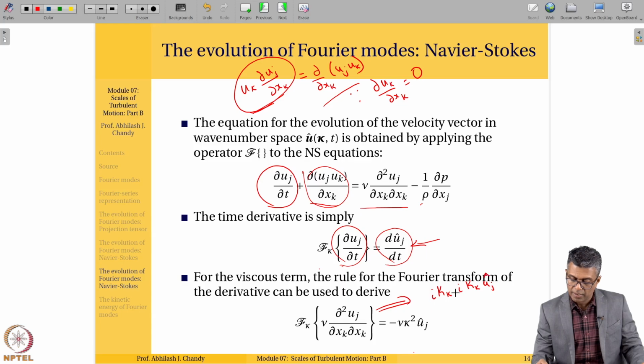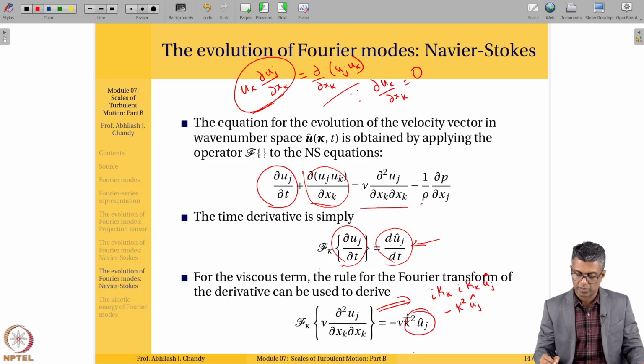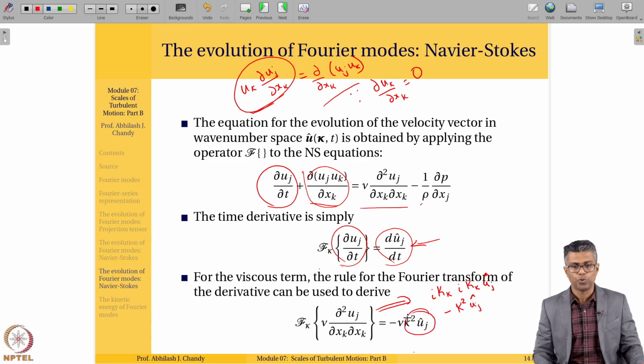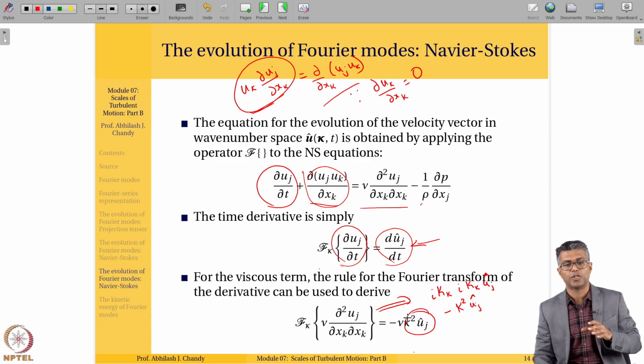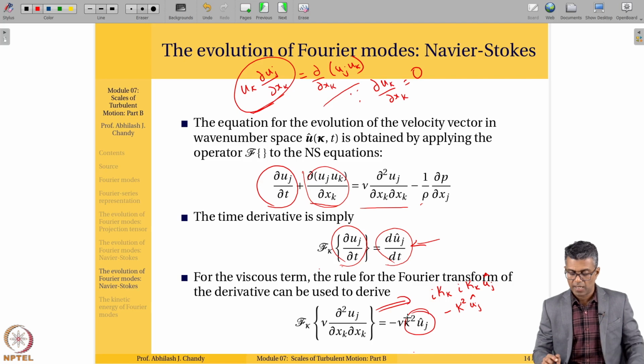So I times I is I squared, minus 1, and then I have kappa k squared, which is the kappa magnitude squared, times uj hat. And then I have the nu in there for kinematic viscosity. So the Fourier transform of the viscous term nu del squared uj over del xk is just minus nu kappa squared uj hat. So that's again something very simple.